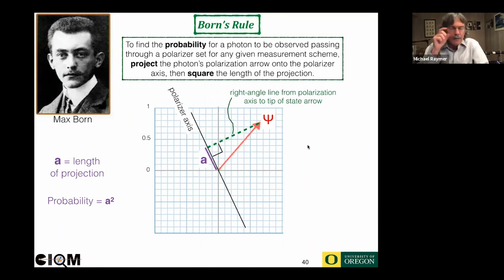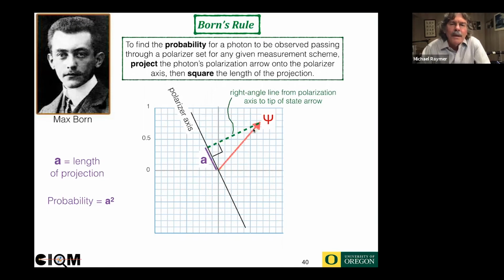He figured out, when he was still quite young, probably in his early 20s, that the way to think about this quantum state, psi, is that it's a mathematical object, a vector, and it's used only to calculate the probabilities of measurement outcomes.